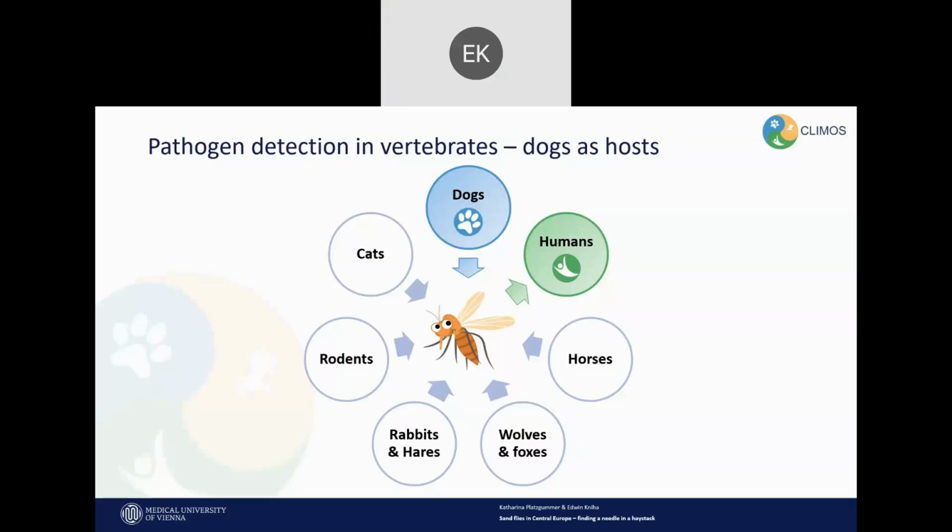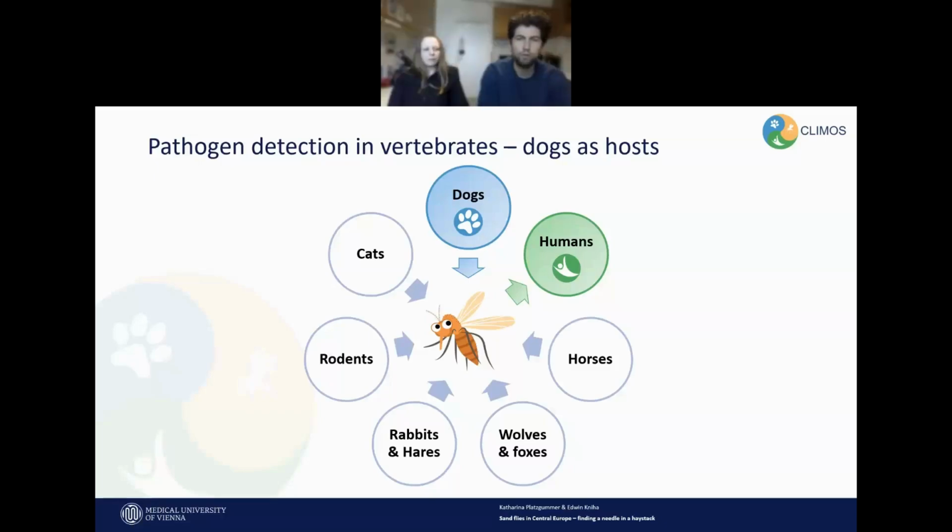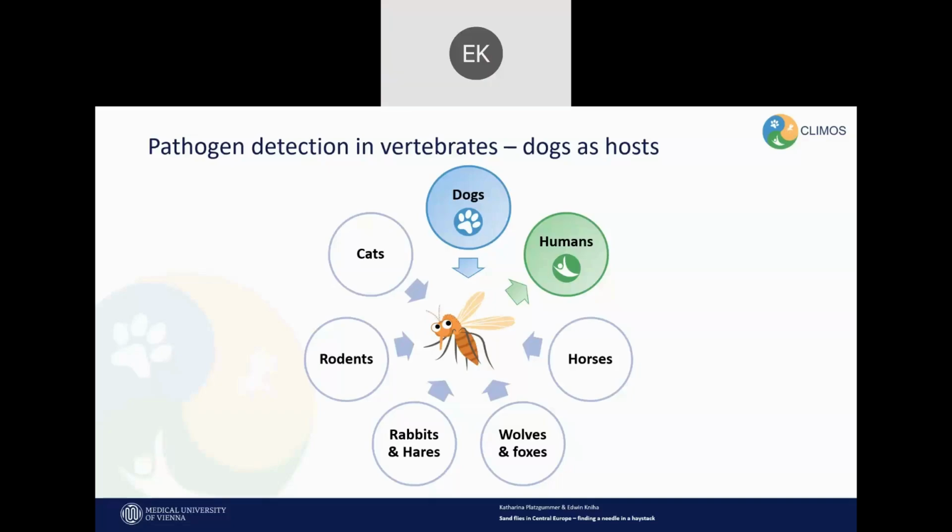But as part of a zoonotic transmission cycle, also humans can be involved in the transmission, and Leishmania infantum can, of course, be transmitted to humans. If you look at many other host species, Leishmania infantum DNA has been detected from cats, from rodents, horses, and many other species, but the dogs remain the most important reservoir species here.